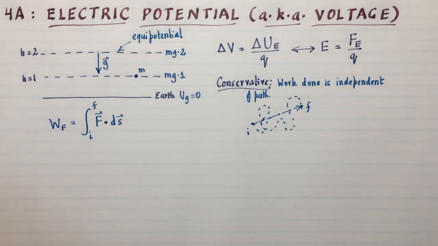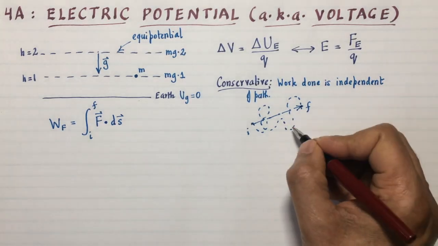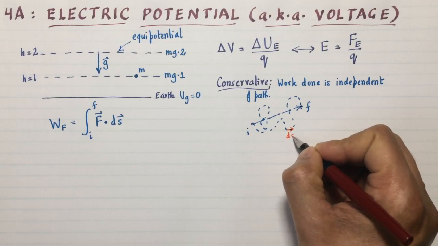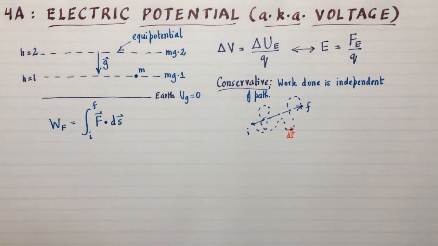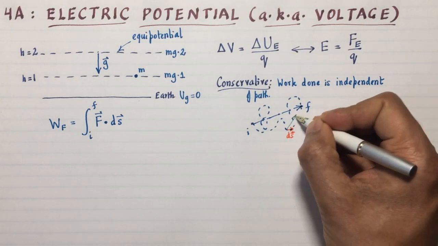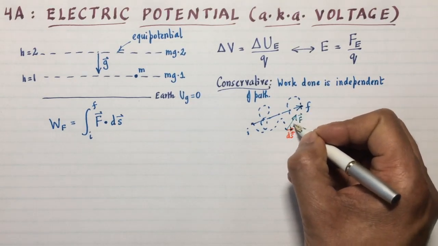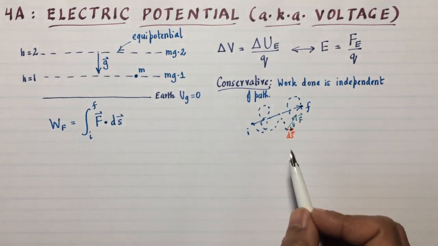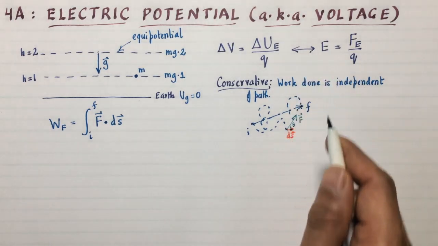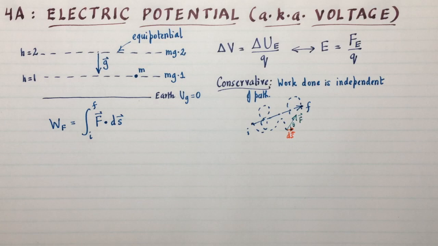The ds vector here is the infinitesimal displacement, and the force in question can be pointing in some arbitrary direction at some point, and the dot product refers to the angle between F and ds, and that angle keeps changing as you go from point to point along this complicated path.